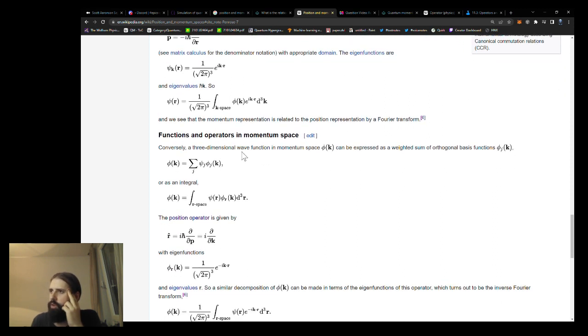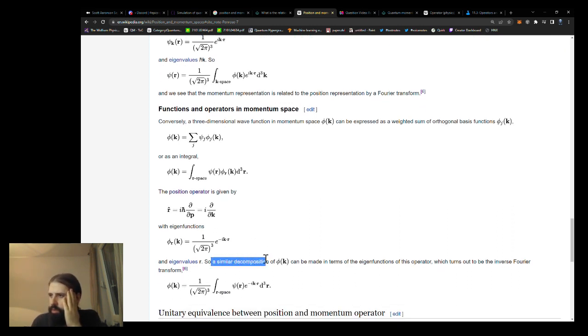Conversely, a three-dimensional wave function in momentum space can be expressed as a sum of orthogonal bases or as an integral, with eigenfunctions and eigenvalues.